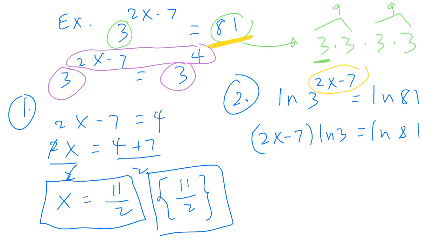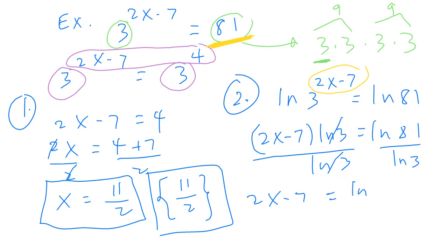And then try to get rid of ln 3. I'll divide ln 3 on both sides. After doing that, this cancels out. I'll get 2x minus 7 is equal to ln 81 over ln 3.